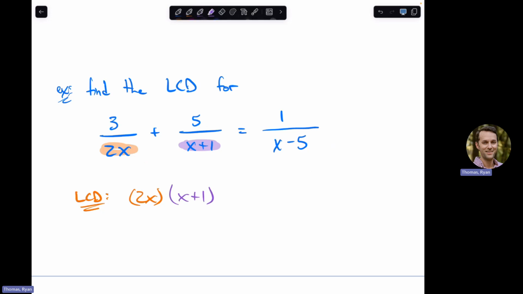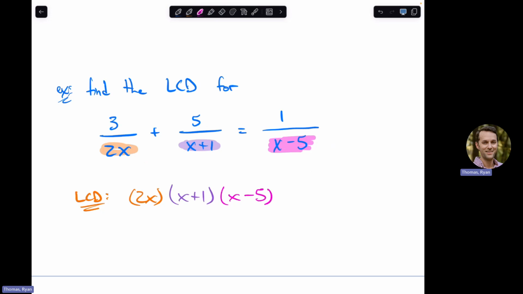What else? An x minus 5. There's nothing common to any of these, right? There's just these three distinct separate pieces. So the LCD is just their product. There's no way that I can double count anything or get more mileage out of one of these pieces. They're just three separate things. The LCD is just their product.